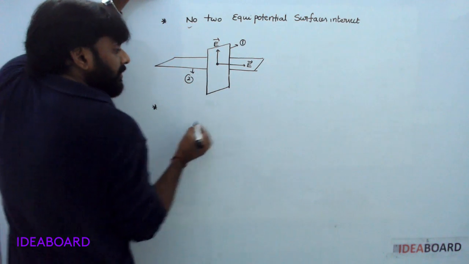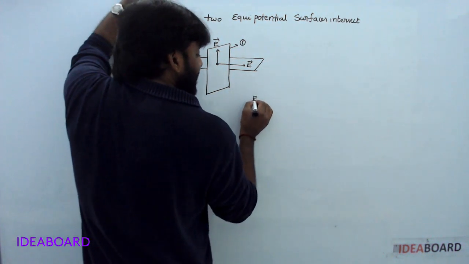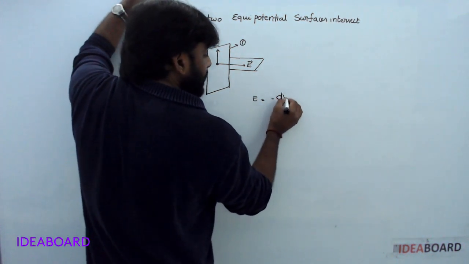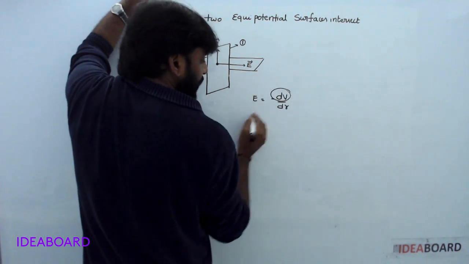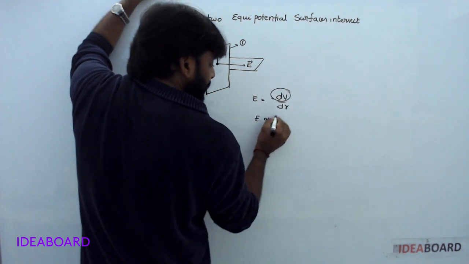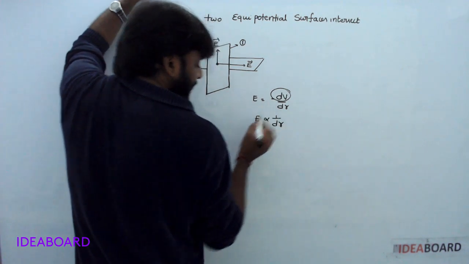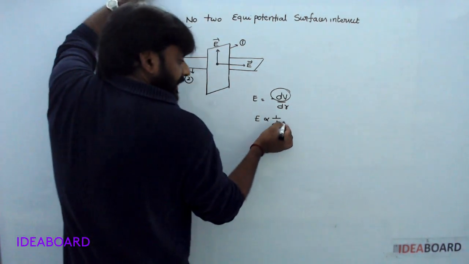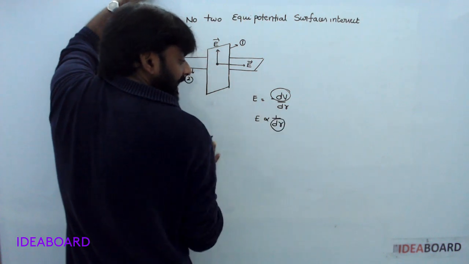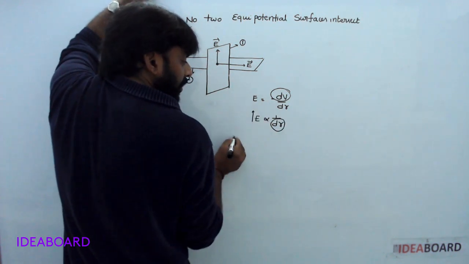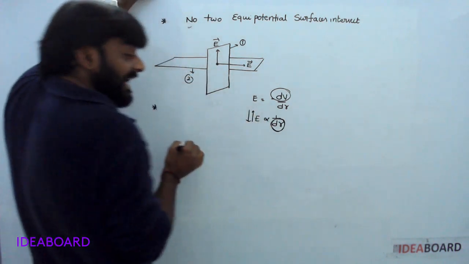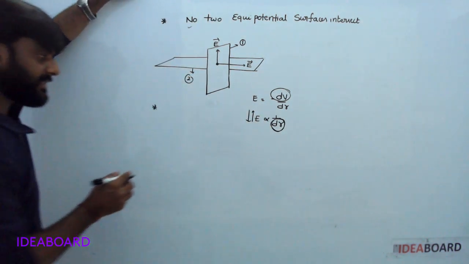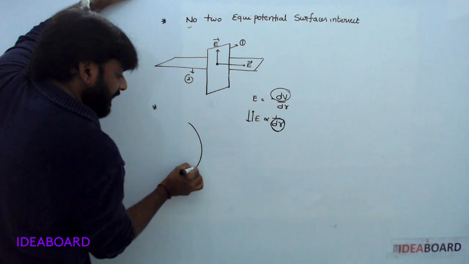How? E is equal to minus dV by dr. Considering the constant potential difference, E is inversely proportional to dr. Here space is less, field intensity is more. Space is more, field intensity is less.